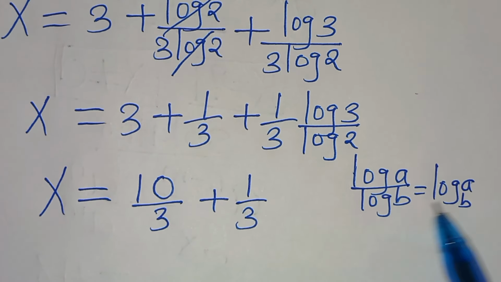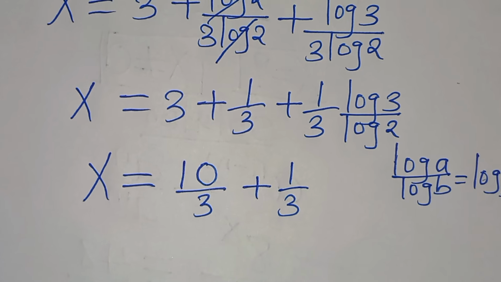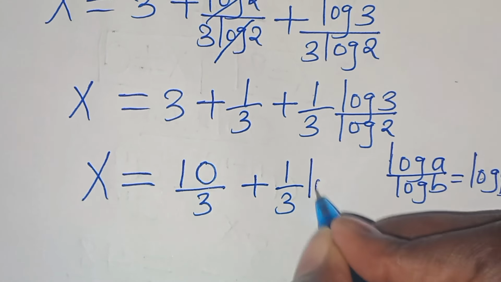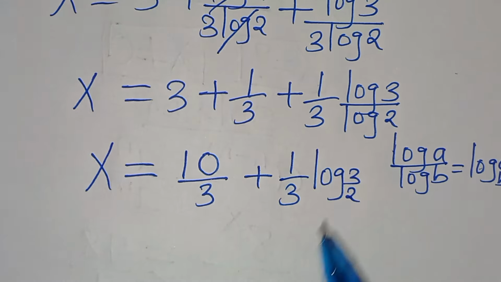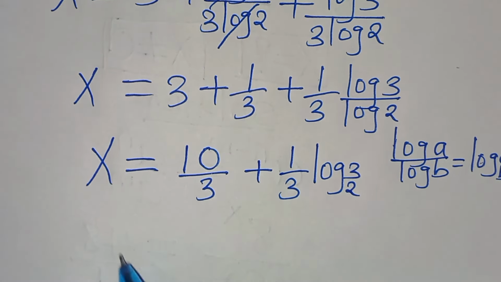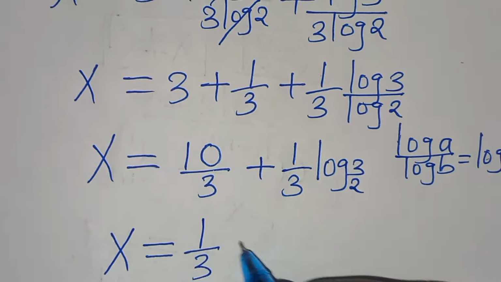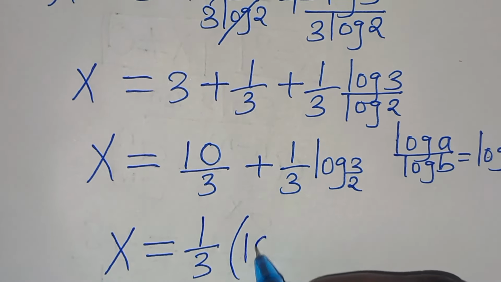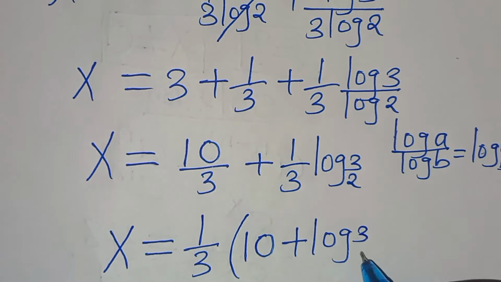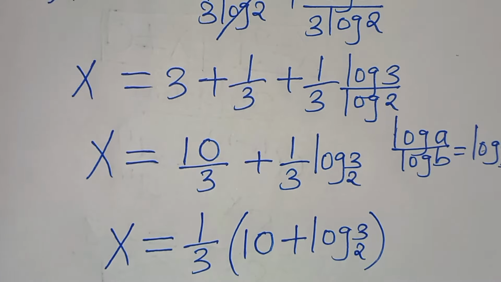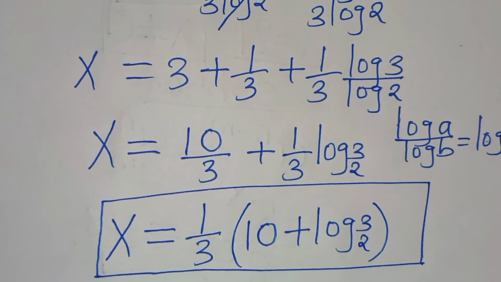And this implies that here we have a third log 3 to base 2. Since a third is common, we can express x as a third into the parentheses, 10 plus log 3 to base 2. This is the value of x.